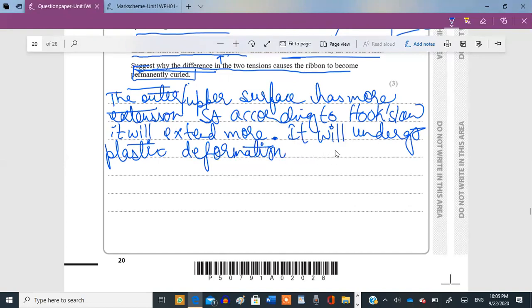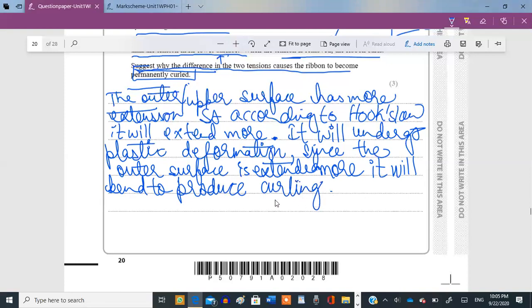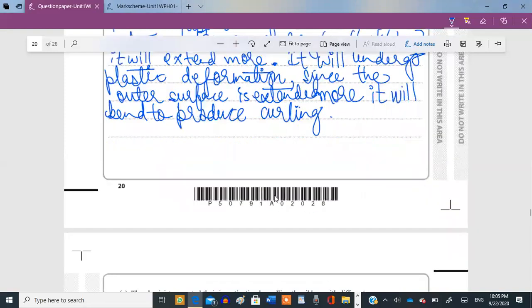Since it is extended more, since the outer surface, it will bend to produce curling. Okay, that's the answer.